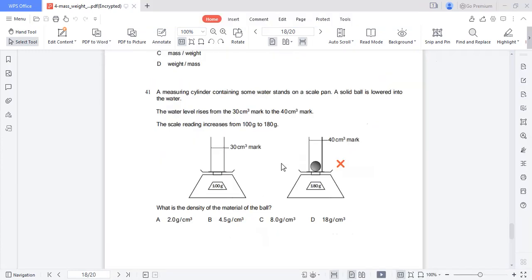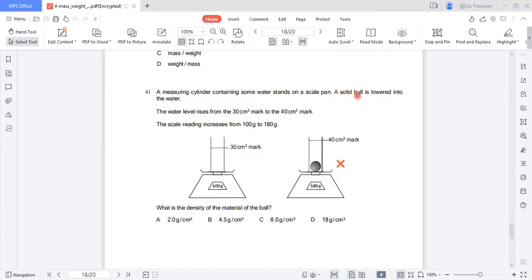Number 41. A measuring cylinder containing water stands on a scale pan. This is 30 centimeter cube and its mass is this one.